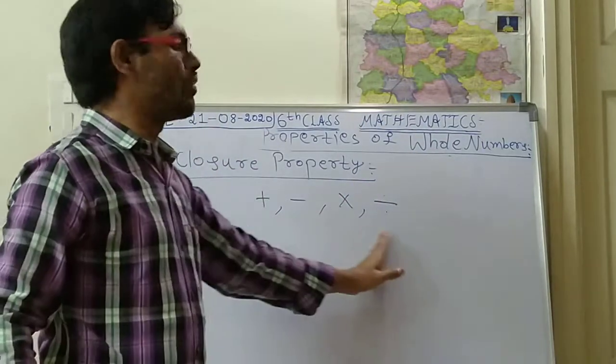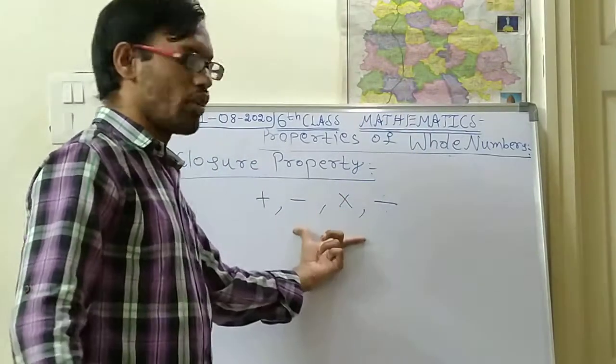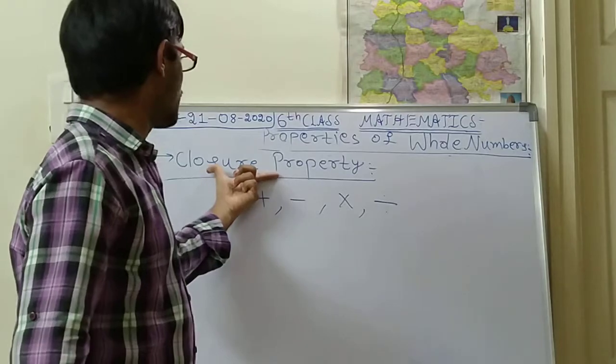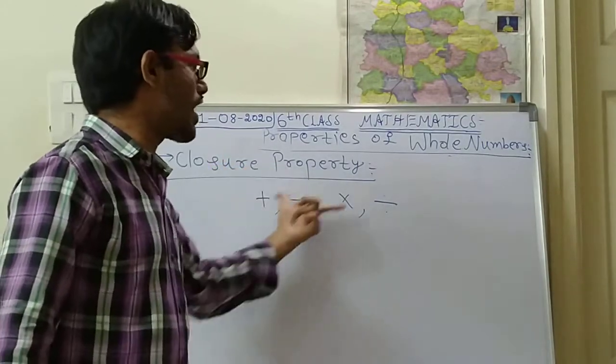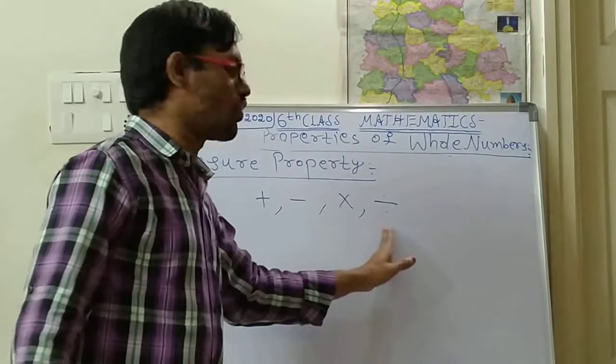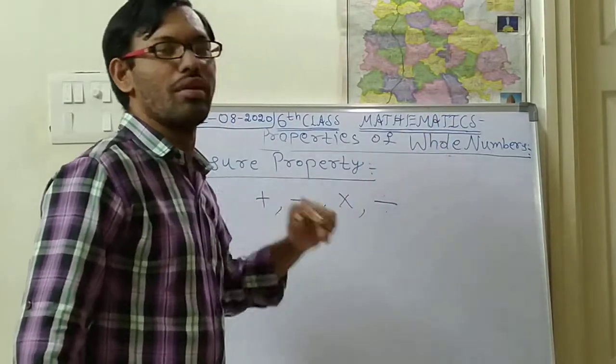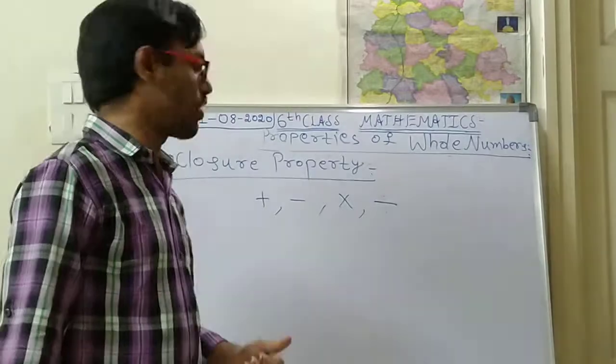We have to check for this closure property whether it is satisfied for these four basic operations in the whole numbers or not.